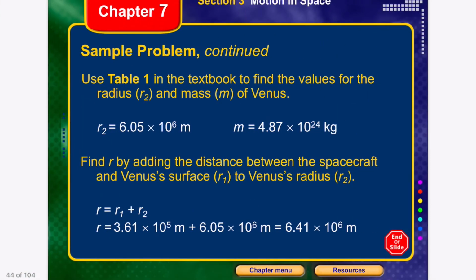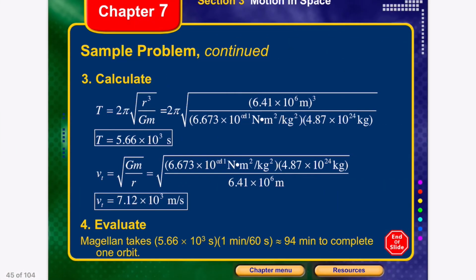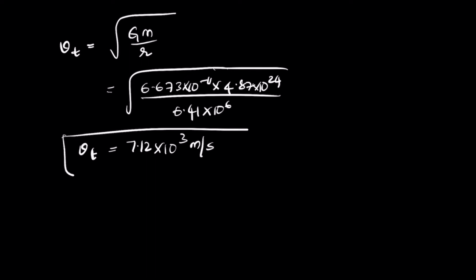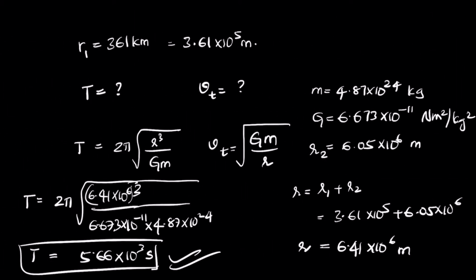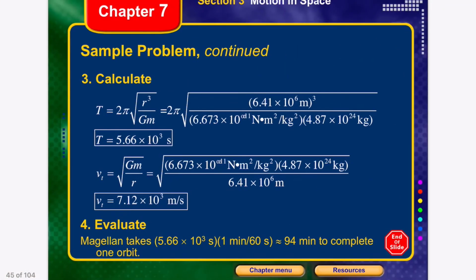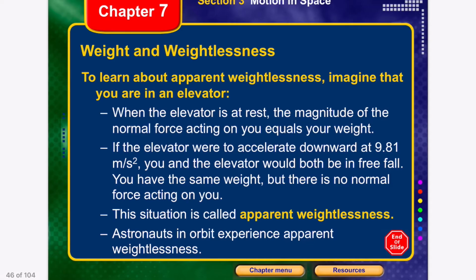So the tangential velocity calculated becomes 7.12 times 10 to the power 3 meter per second. So we calculated the time period of the rotating object, and we also calculated the tangential velocity of the rotating object. So this is how we can solve the problem.